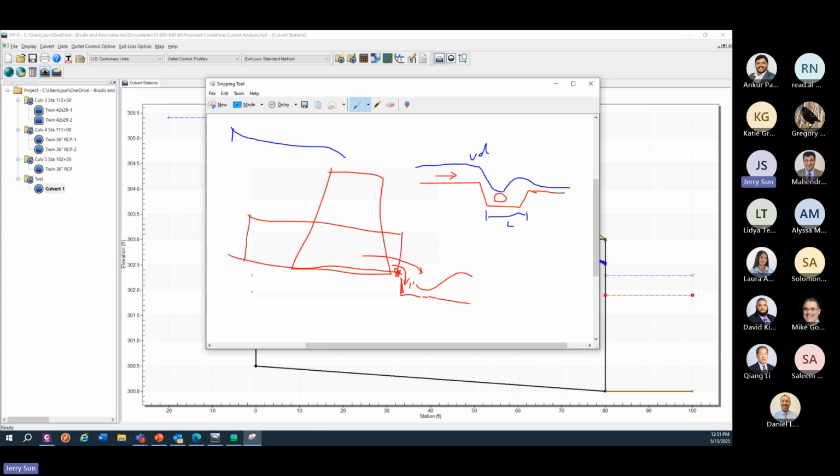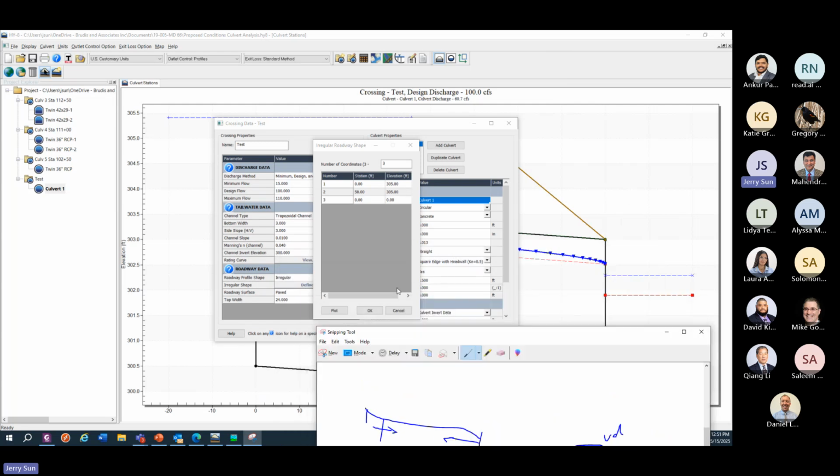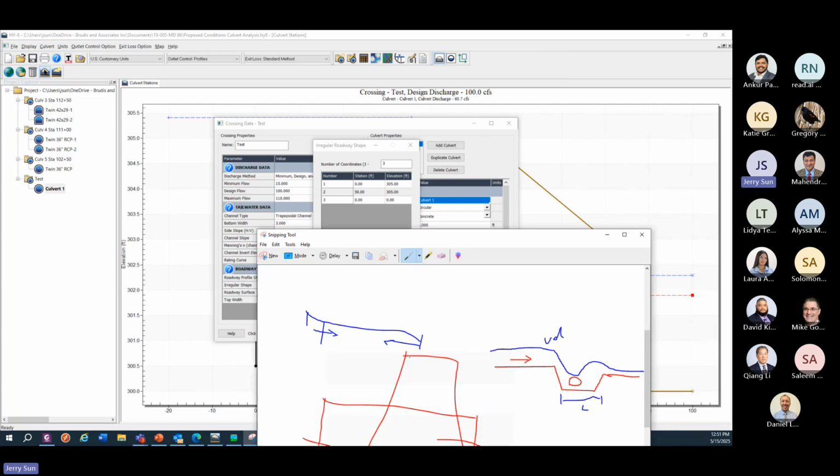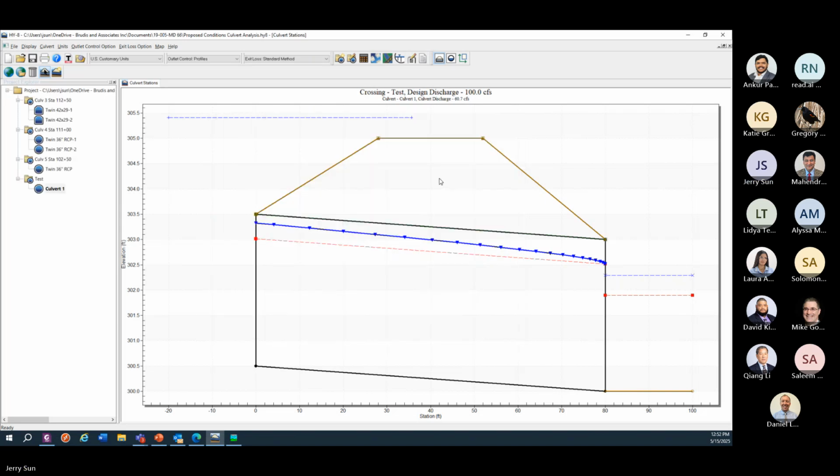So you need to input this with station and elevations to make sure the embankment of the culvert matches the roadway surface. Then they come out exactly how much overtopping from the road, how much water from the pipe. Yeah, that's what I have.